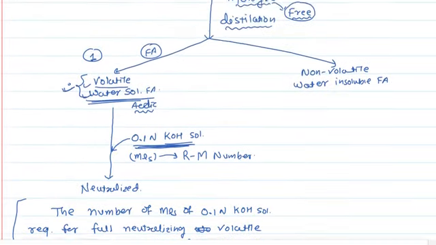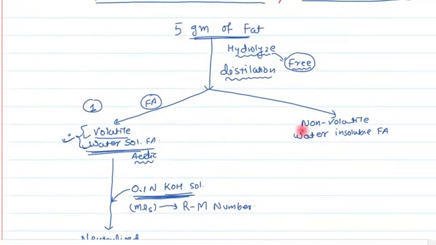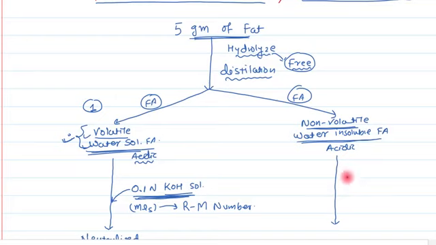Okay, now let's look at the second part. The second part is also a fatty acid, right? But here the characteristic of these fatty acids is that they are non-volatile as well as water insoluble. Again, these fatty acids are acidic in nature, so you try to neutralize them with the same solution, 0.1 normal potassium hydroxide solution, so that all this non-volatile water insoluble fatty acid gets neutralized.